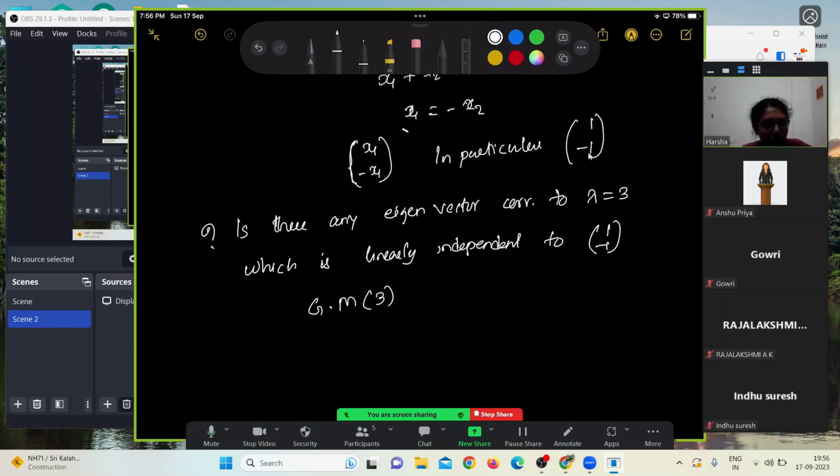So what is the dimension of the eigenspace corresponding to lambda equal to 3? It is generated by this one element 1 minus 1. The dimension of the eigenspace corresponding to 3 is said to be the geometric multiplicity. So this geometric multiplicity is equal to 1.